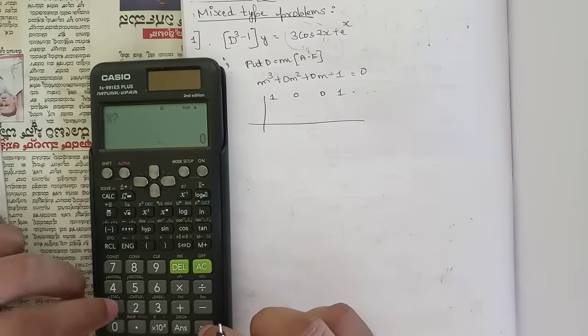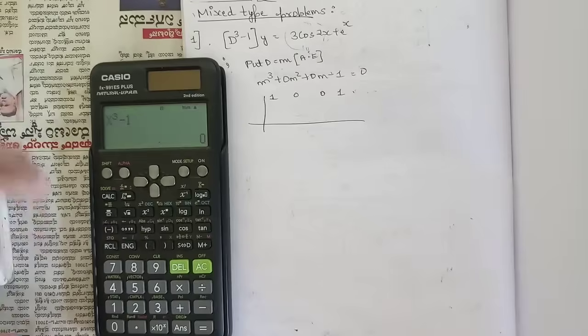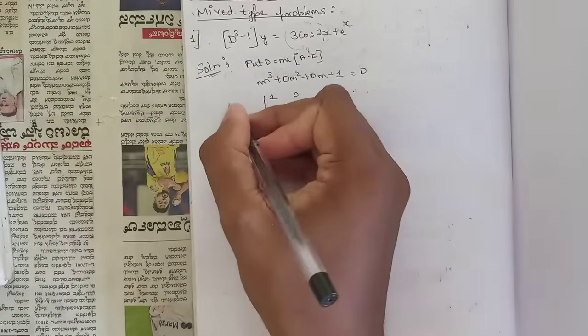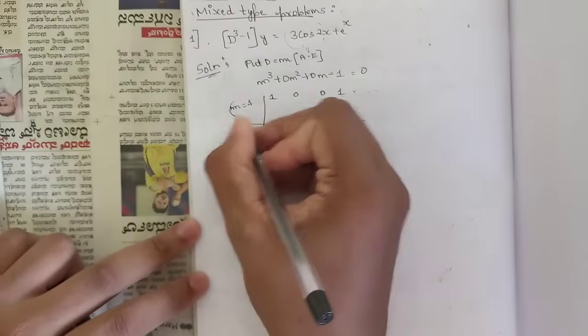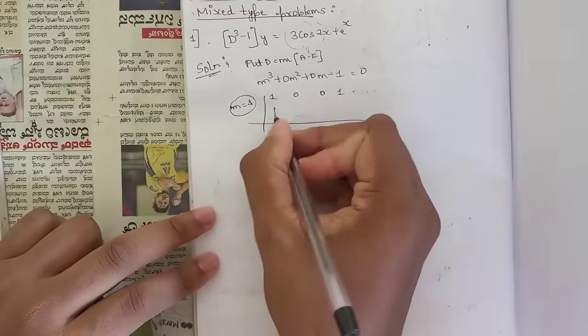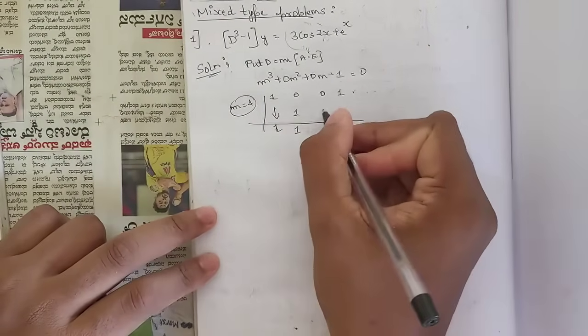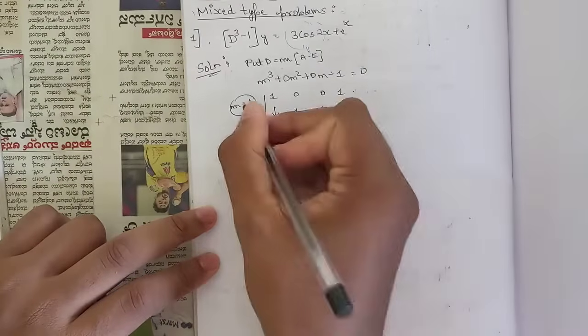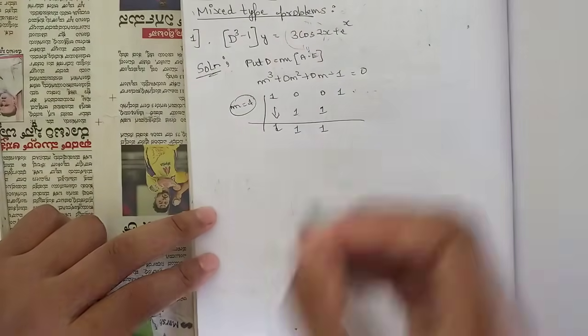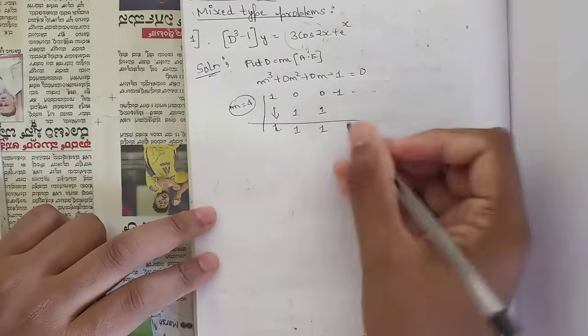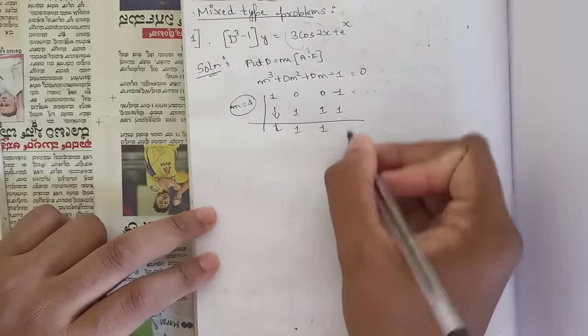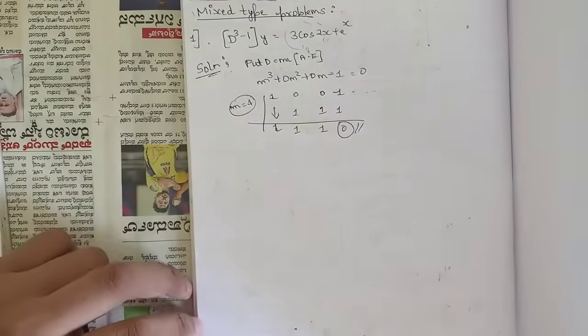No. Now check for 1. Yes, for 1 the value of this term is 0. So our first root is m equal to 1. This 1 comes down, 1 ones are 1, 0 plus 1 is 1. Again 1 ones are 1, 0 plus 1 is 1. Then this is minus 1, so again 1 ones are 1, minus 1 plus 1 is 0.